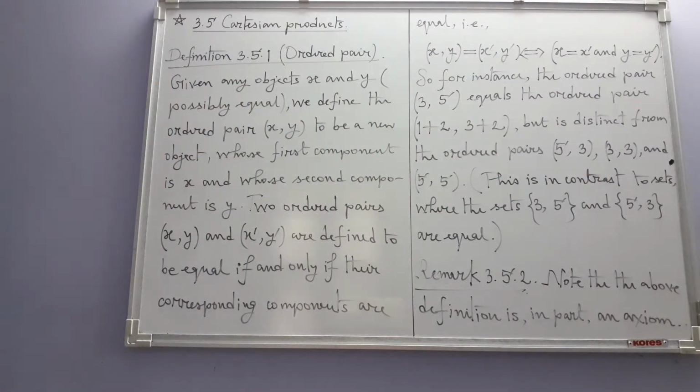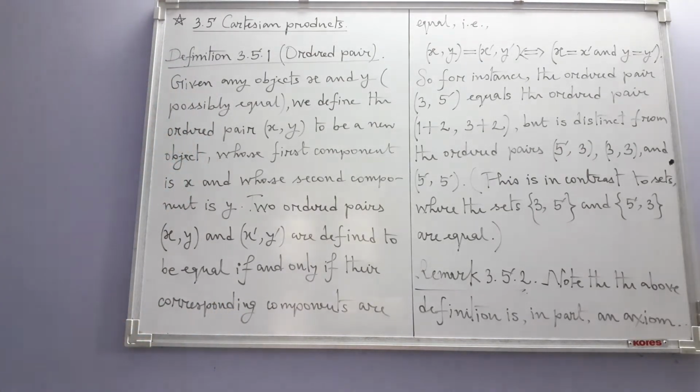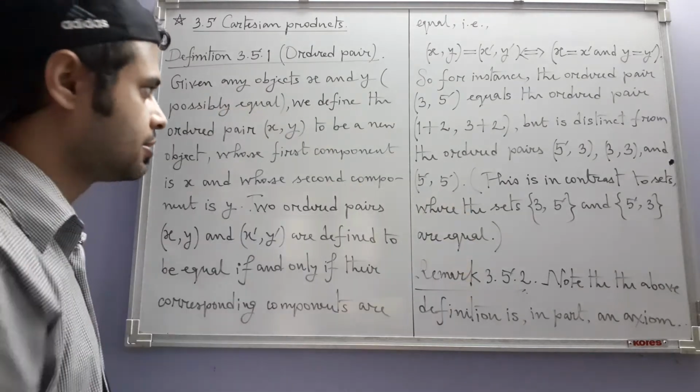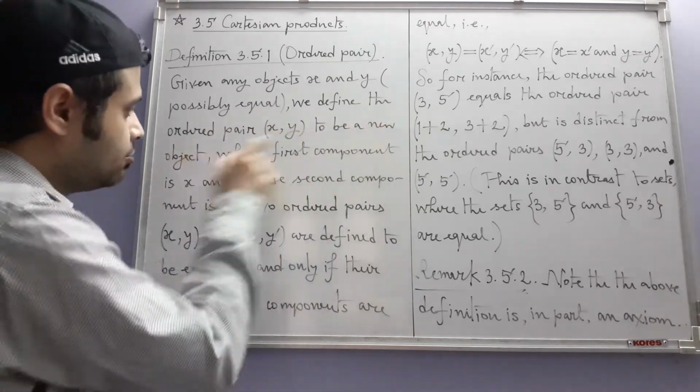It's not that we are using only the axioms of set theory that we have got so far to define this. Look at this. We define the ordered pair to be a new object.